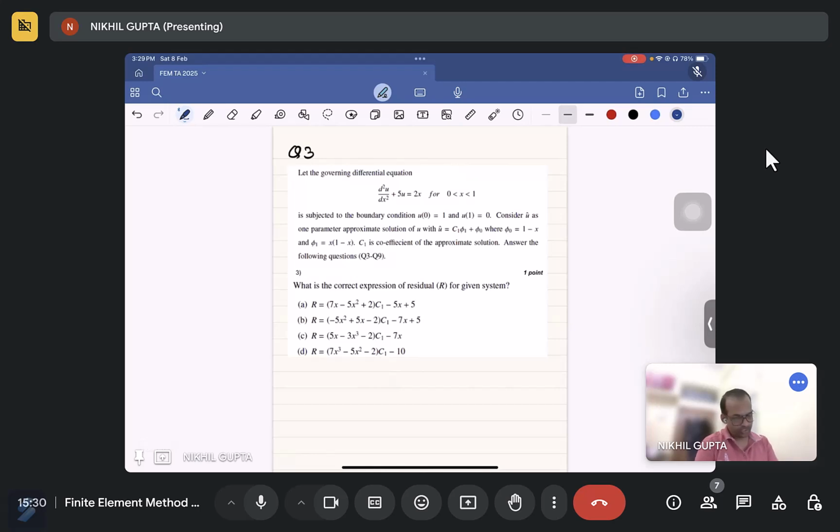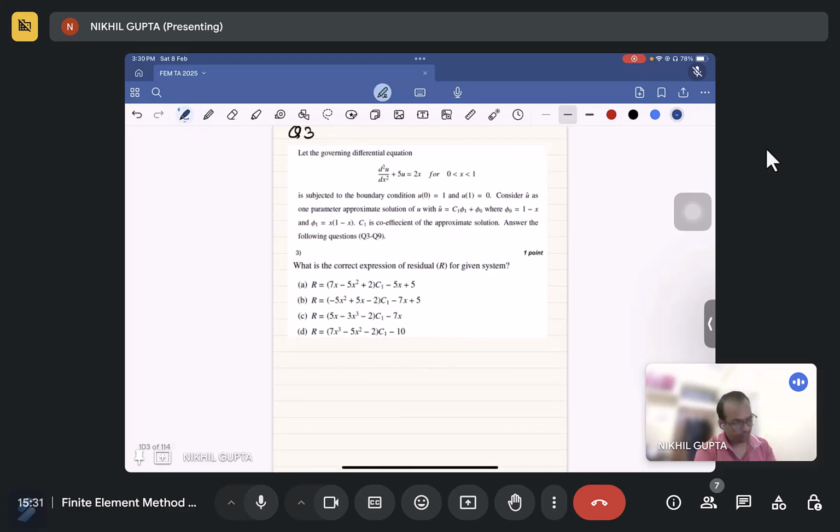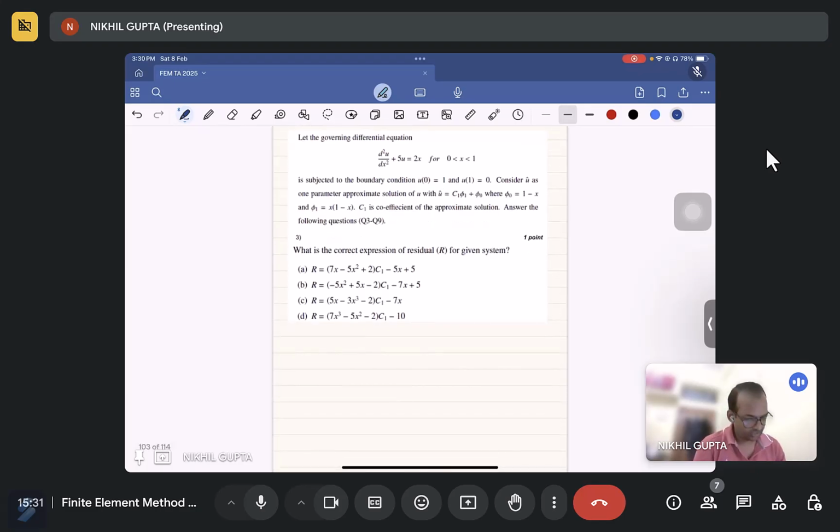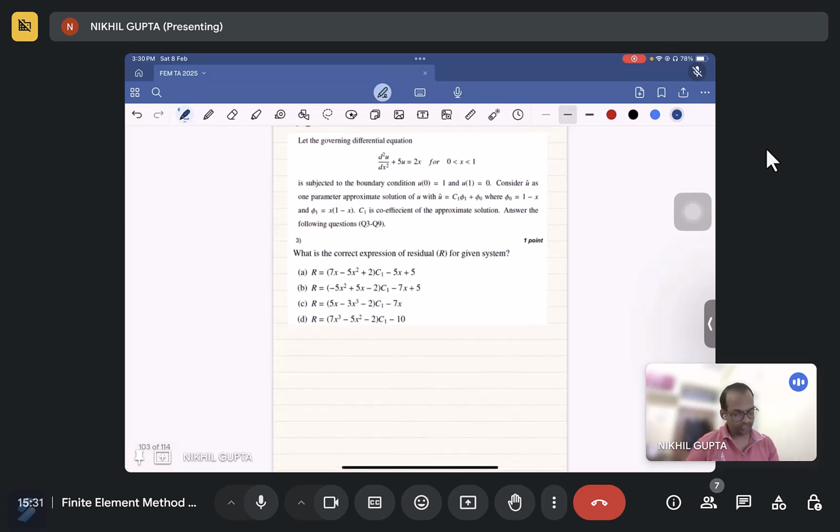Okay, so let's see the next question. You just have to find the residual of this. This is one of the parts that we have solved in the second question.